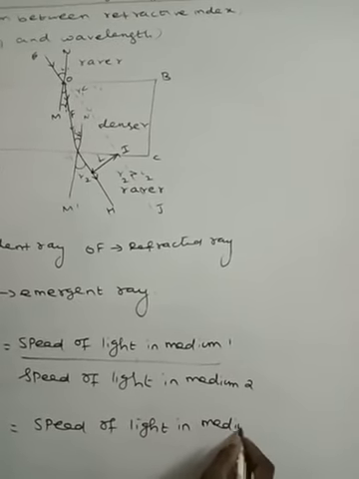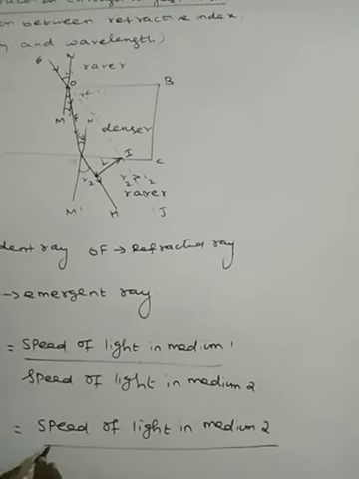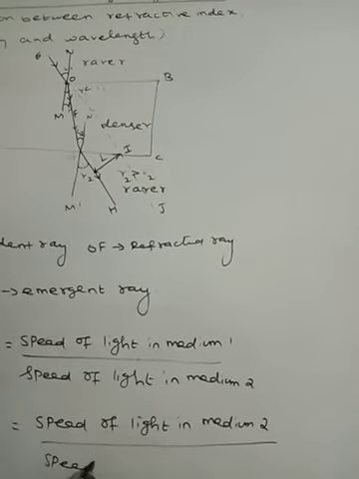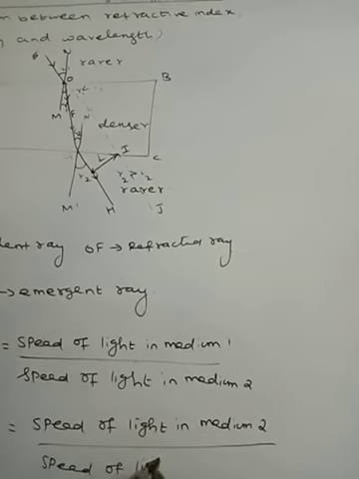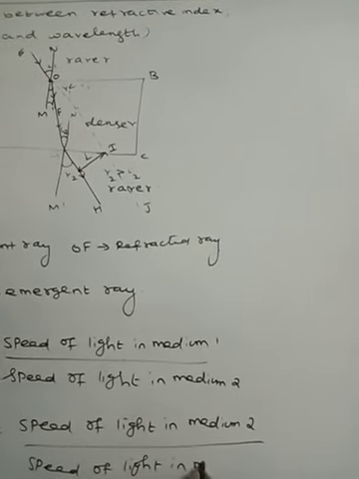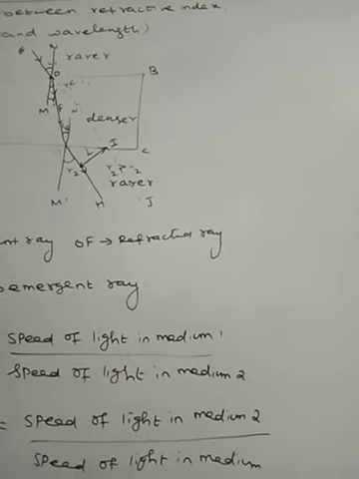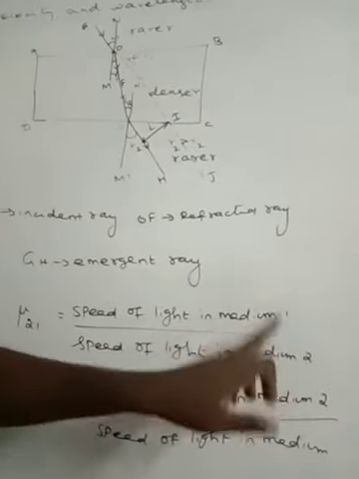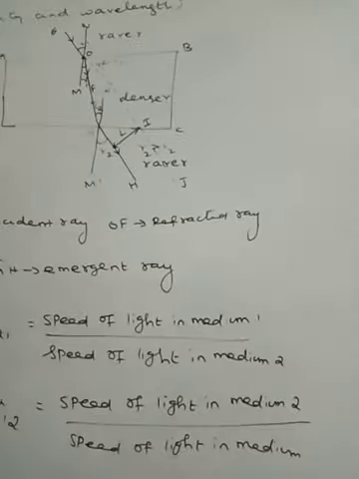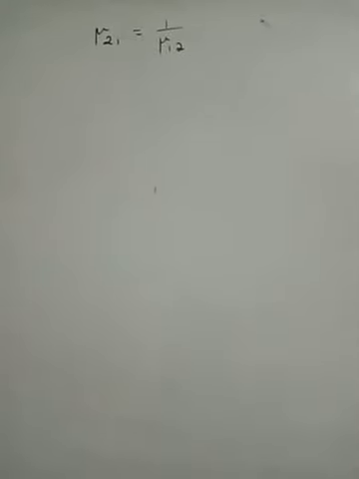The refractive index of the second medium with respect to the first medium is equal to speed of light in medium 1 divided by speed of light in medium 2. Now n12 is equal to speed of light in medium 2 divided by speed of light in medium 1. So n21 and n12 are inversely proportional. The refractive index of the second medium with respect to the first medium is equal to the reciprocal of the refractive index of the first medium with respect to the second medium.